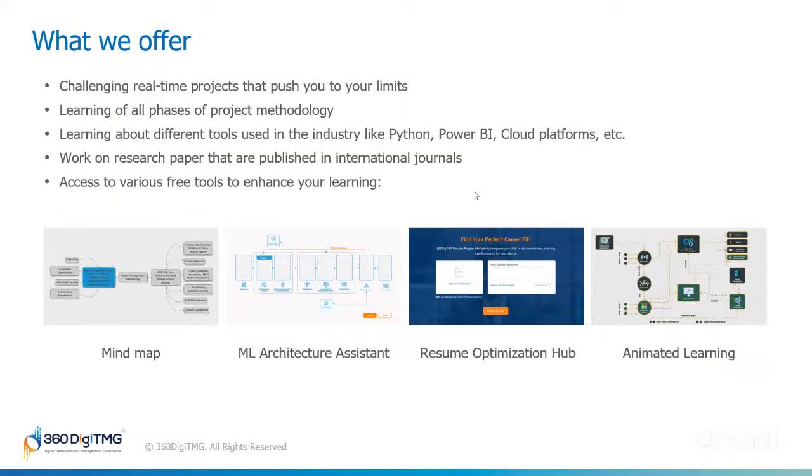We have the RO, especially for resume optimization: you can load your resume and the JD, and we can match them to show the percentage chance of you getting shortlisted for that job. Then we have animated learning. These are all free resources we are providing for your upskilling.